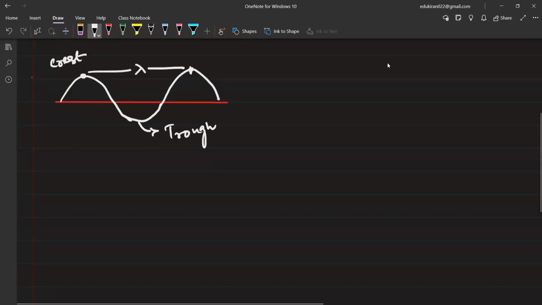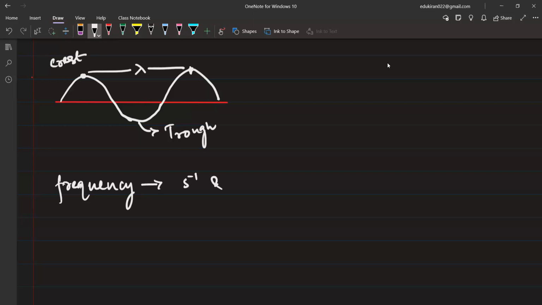Now, frequency is something that you must have heard previously also. Frequency is the number of waves that pass through a point in a second. So frequency has a unit of per second, or hertz.